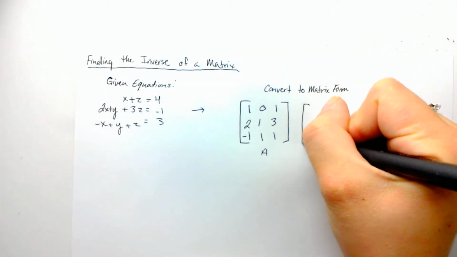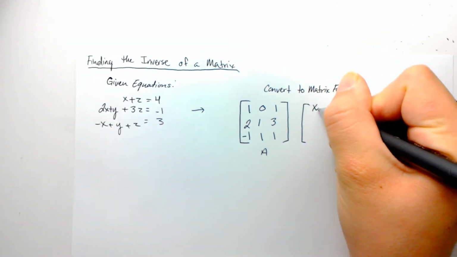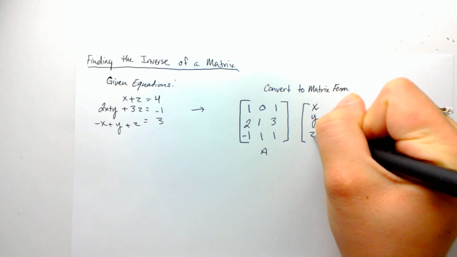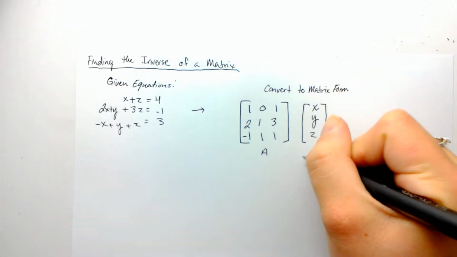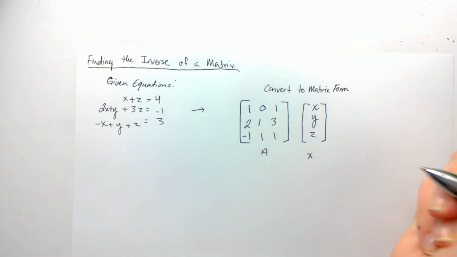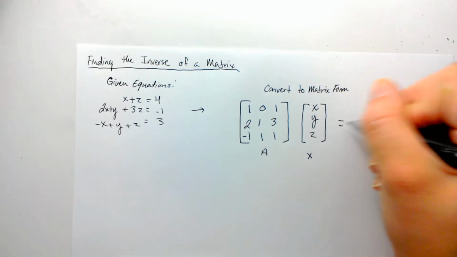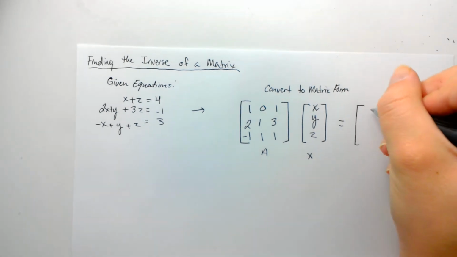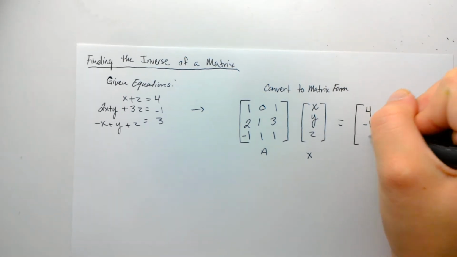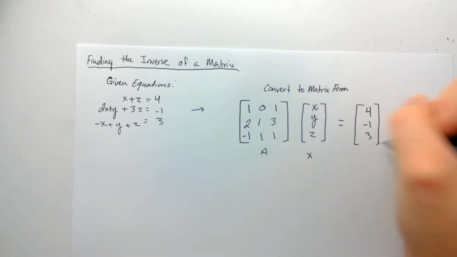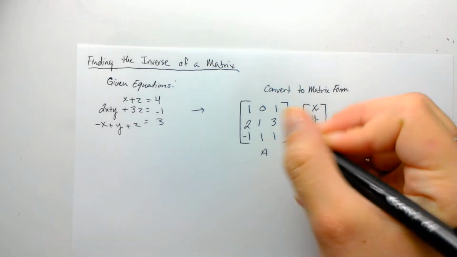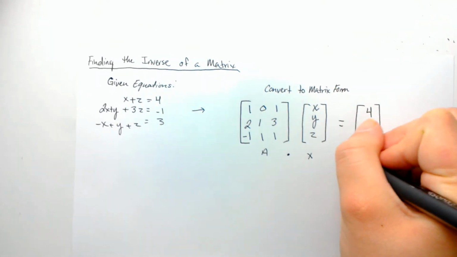And then we're going to rewrite the variables, and this will be identified as x. And then lastly, this is equal to our remaining answer, which is known as b. So these are multiplied to equal this.